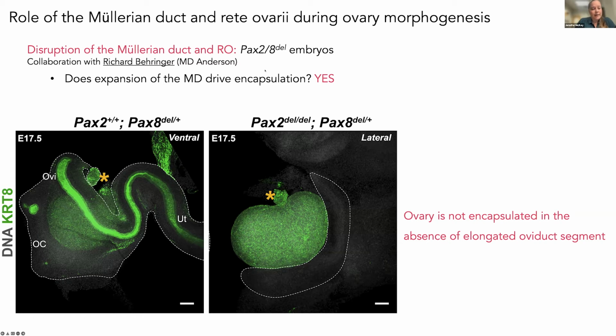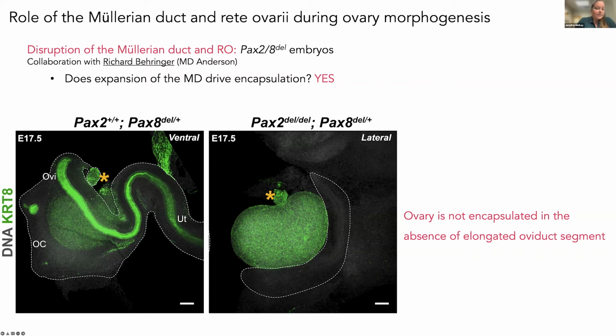However, in our mutant samples, we found that at E17.5, this elongated segment of oviduct was absent. And interestingly, these ovaries were also not encapsulated. So we believe that this shows that the encapsulation of the ovary does rely on the presence of this elongated segment of the oviduct.